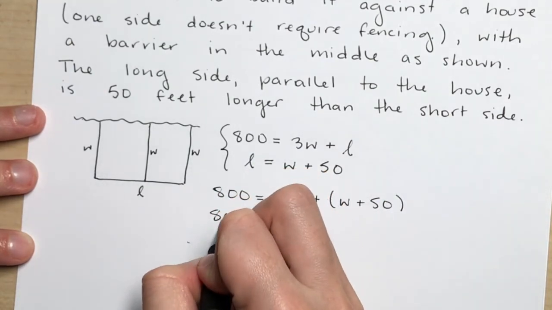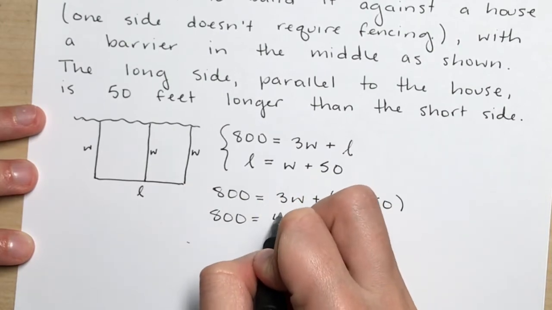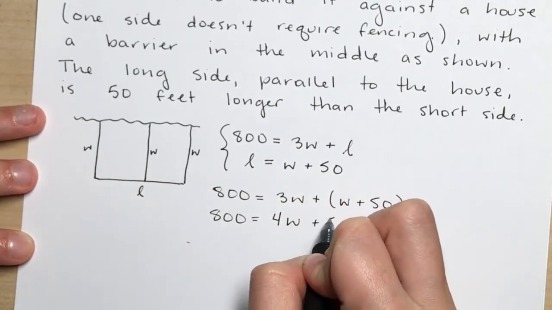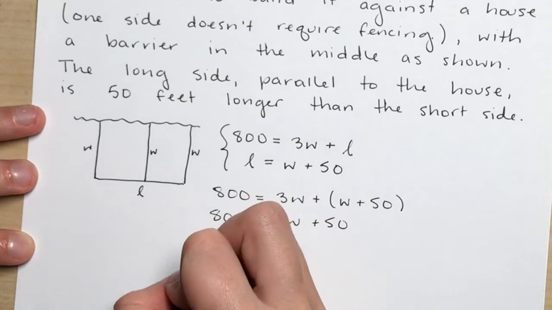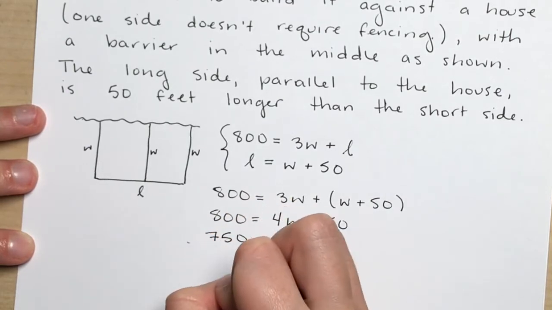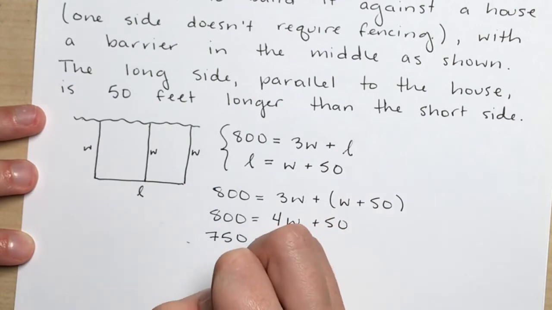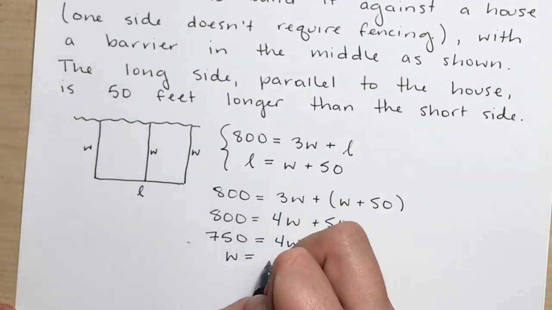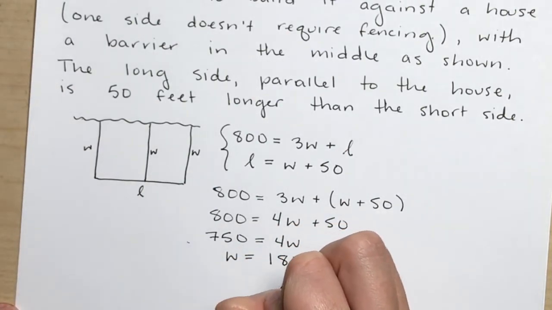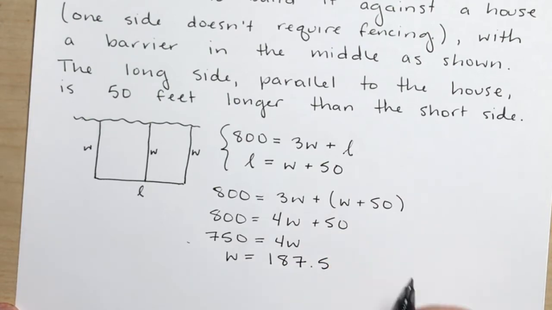And that gives us 4W plus 50. We subtract that 50 over, we get 750 equals 4W. We divide by 4. We end up with 187.5 feet. Are we done?